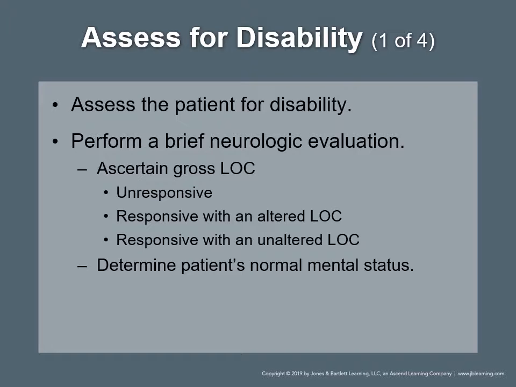So this disability and exposure part, we do as soon as we've made our priority patient decision, we're going to assess for disability. So we're going to do a quick neurological exam, and basically this will be getting a little bit more into their level of consciousness, whether they are unresponsive, responsive but confused or altered level of consciousness, responsive with an unaltered level of consciousness.